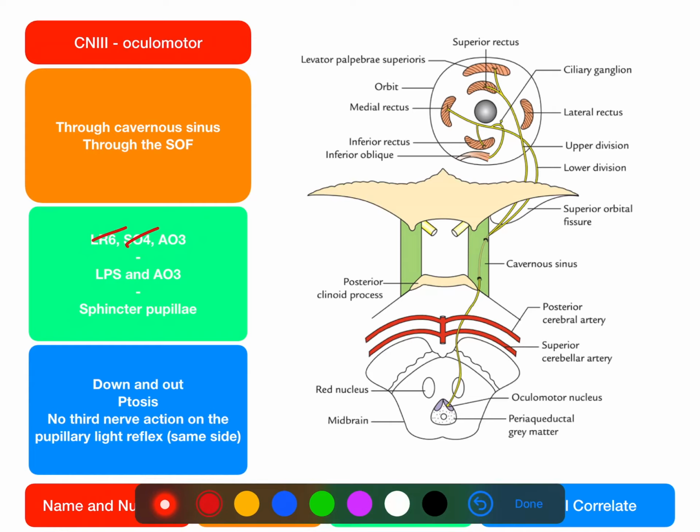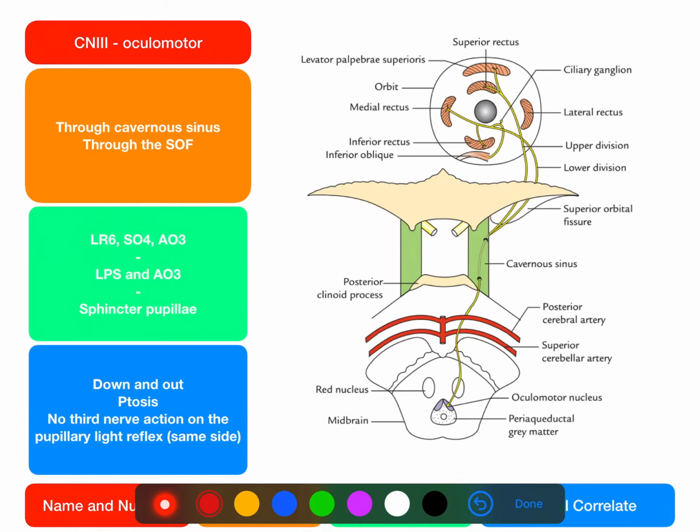So it abducts, down and out, because superior oblique lowers the eye, and lateral rectus turns the eye laterally. So you get AO3. The eye looks down and out on one side with a ptosis, a complete ptosis or a partial ptosis, depending on how badly the nerve's lesioned. You pull open the eye, and it's down and out. You let go and the eyelid droops down.